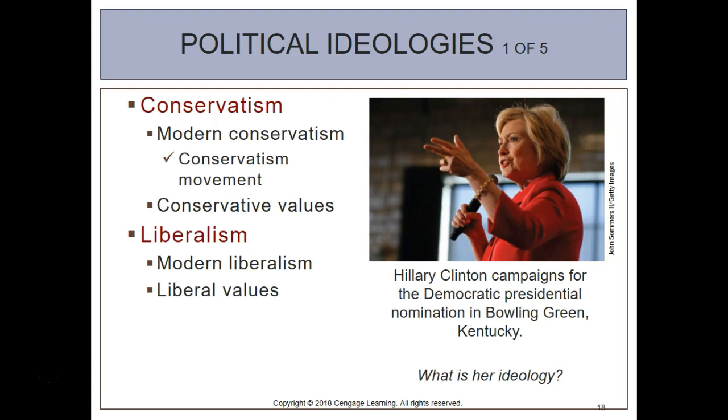Political ideologies, conservatism and liberalism, again, they are intertwined for the most part, but let's just approach it very basically from a chapter 1 point of view and an introduction to these concepts for you as you learn. Modern conservatism generally began in the 80s.